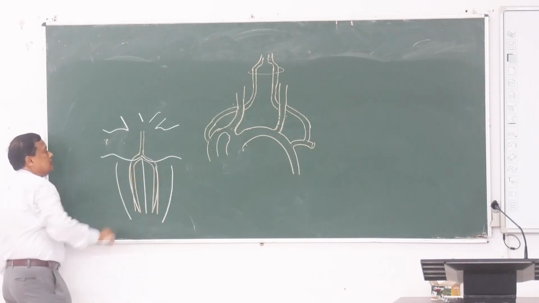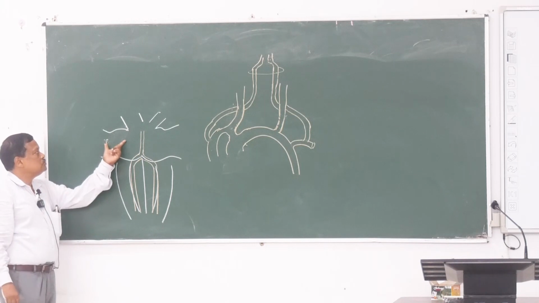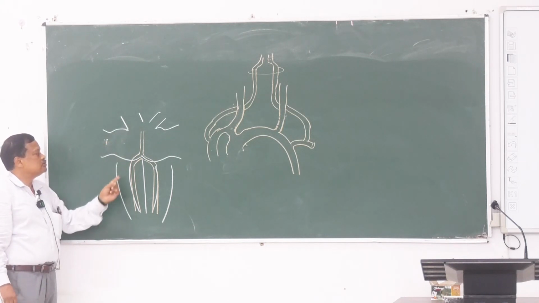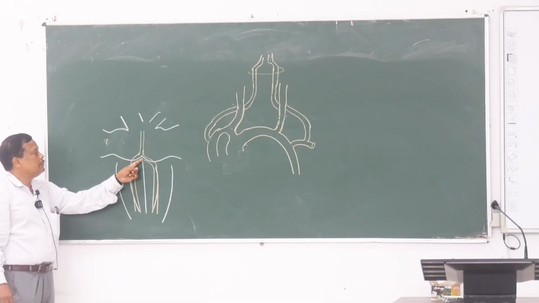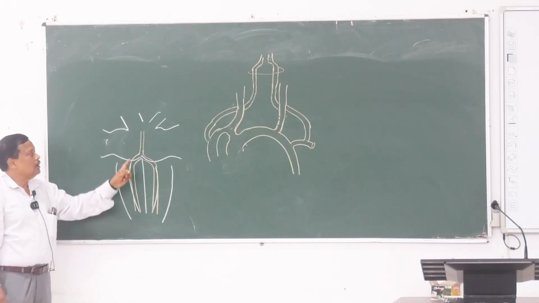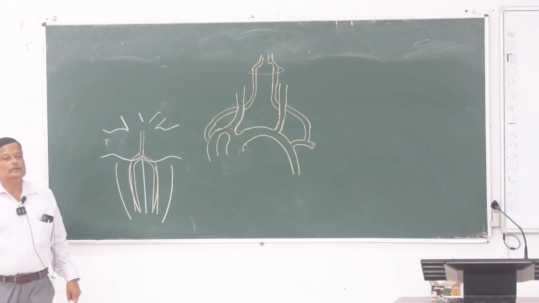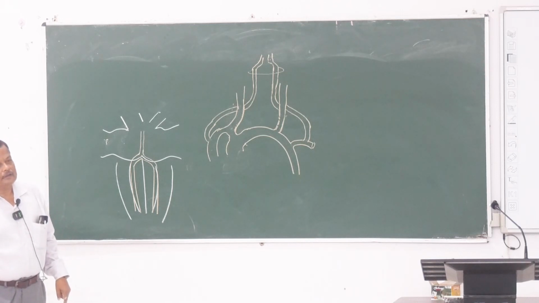So 2 vertebral arteries at the lower border of the pons. It is the pons, it is the midbrain, pons, medulla. At the lower border of the pons, they join to form a single artery which runs in the midline on the anterior aspect of the pons, and this artery we call the basilar artery.